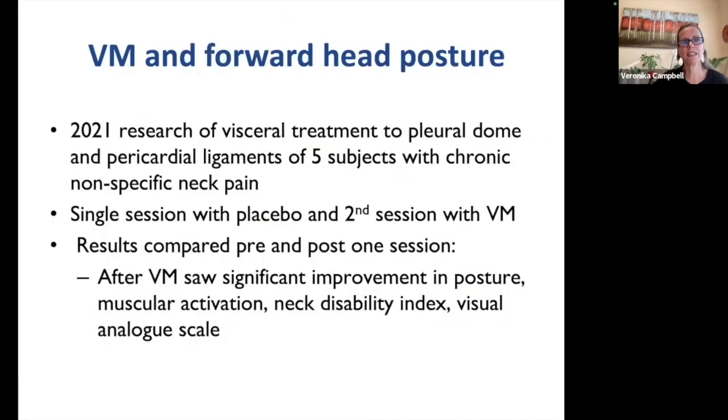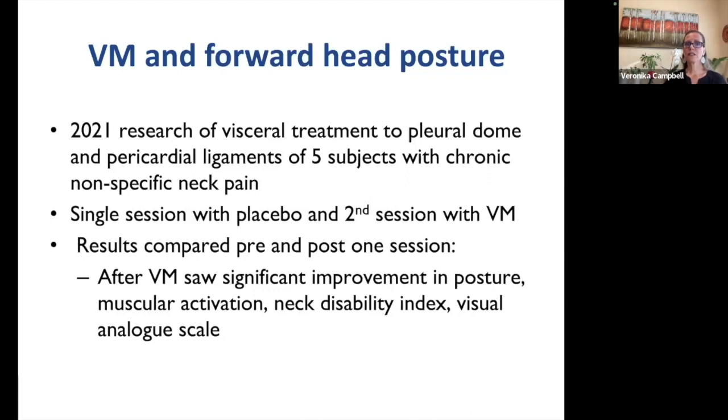And so this was a visceral research done in 2021, visceral manipulation and forward head posture. So think about that thoracic kyphosis, forward head posture, all of these things. What's the body protecting? In this, what they did was they took 5 subjects with chronic nonspecific neck pain, and they treated those structures, the pleural dome and those pericardial ligaments.